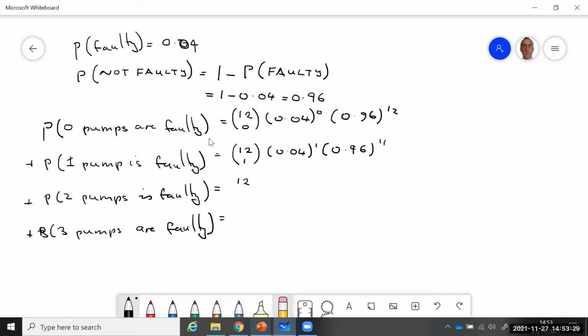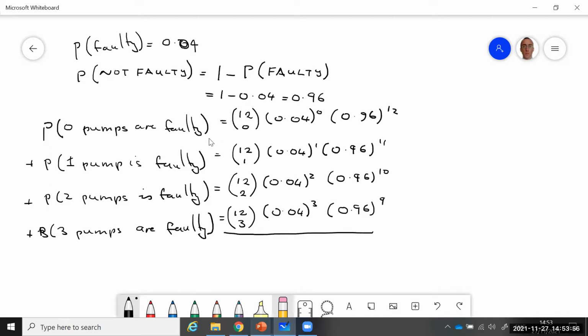Then the number of ways of choosing 2 pumps from 12, where those 2 are faulty and the remaining 10 are not faulty. And finally, the number of ways of choosing 3 from 12 pumps, where those 3 are faulty and the remaining 9 are not faulty. You add them all up as per the plus signs, and that comes out to 99.90%. So that is the probability that no more than 3 pumps are faulty.